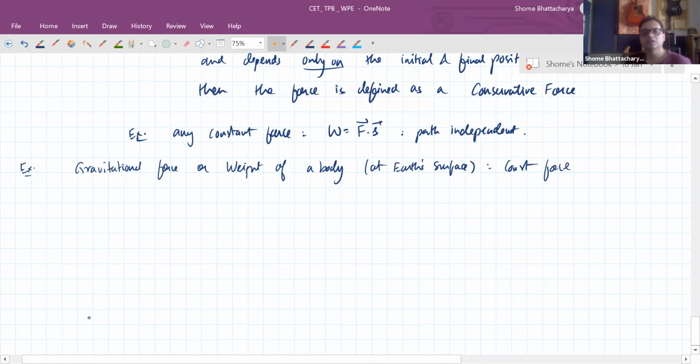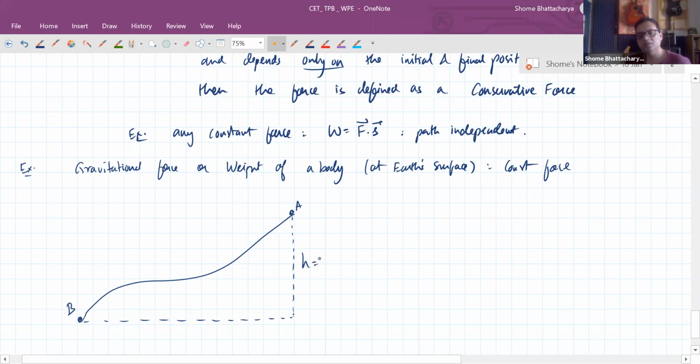So let's look in this example at two situations. One, we have an irregular slope between the point A and the point B. And this height is, let's say, 20 meters, and this distance on this side is 50 meters.